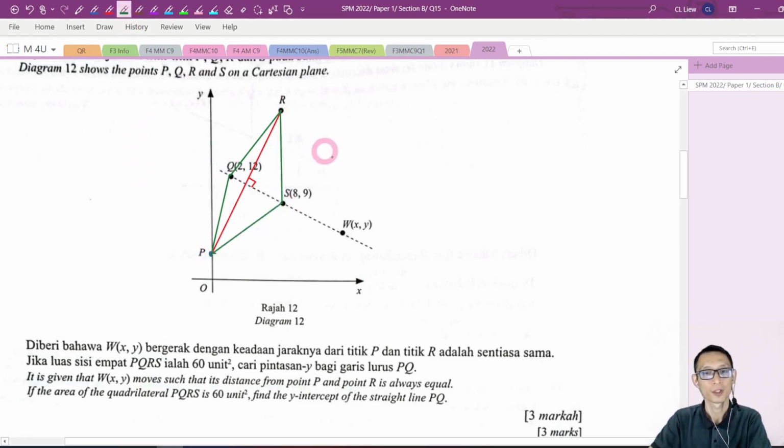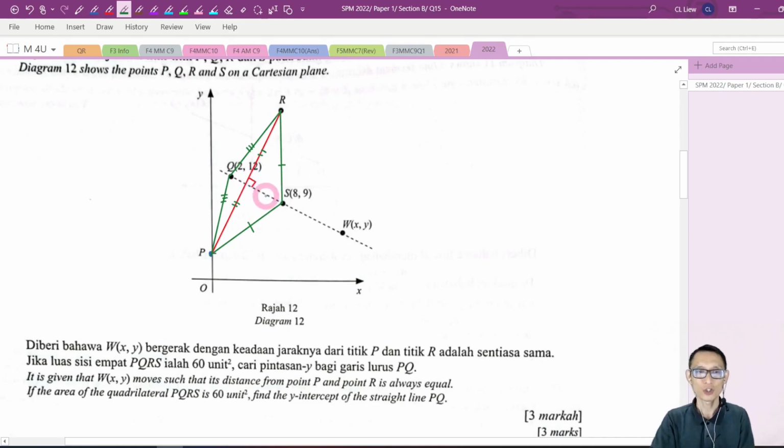Now, since the locus of W is a perpendicular bisector of PR, the distance from P and R is always equal. This means that this and this are the same length, right? And this is 90 degrees here and here, same length, and this part and this part are the same length as well.